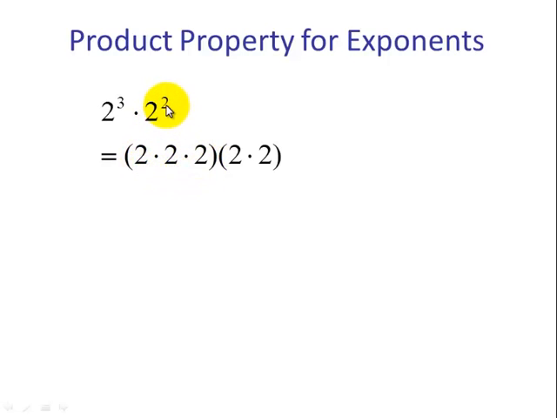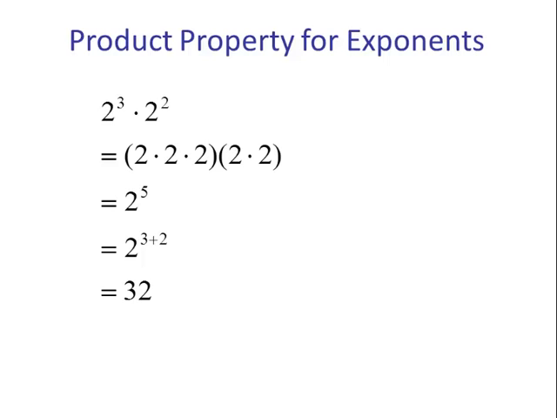And 2 to the second power means 2 times 2. From this we can see that this is the same thing as 2 times 2 times 2 times 2 times 2, which is 2 to the 5th power. The base stayed the same, 2, and then we have a total of 5 factors of 2. And of course 5 is the same thing as 3 plus 2.